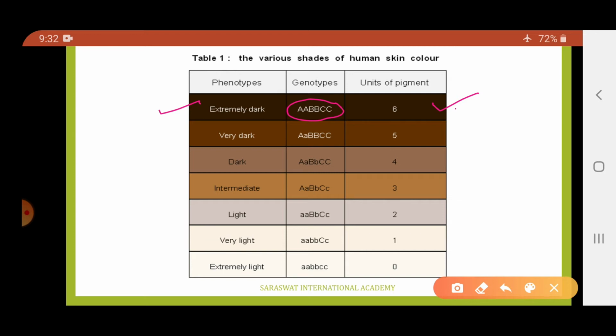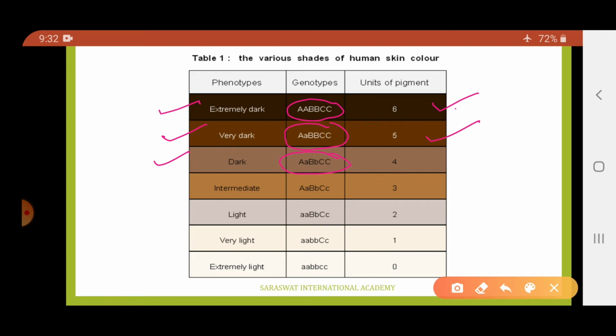See students, you can see that the shade keeps on changing, right? Then a very dark person with only 1 recessive gene. Here you can see there is only 1 small a. So what are the units of pigment? 5.